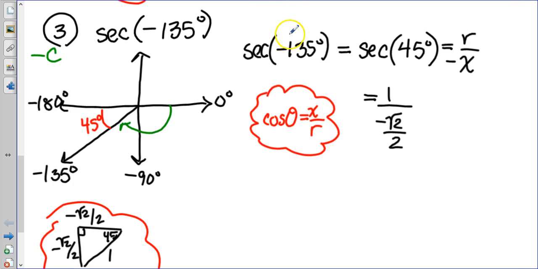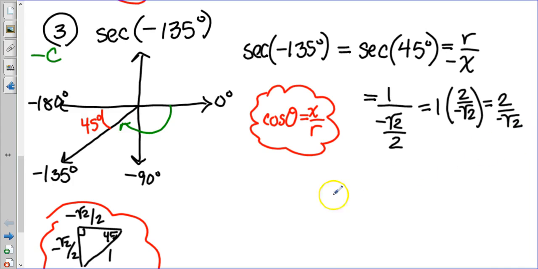Remember, we don't actually divide fractions, we change division into multiplication. So I'm going to keep the 1, change division to multiplication, keep, change, and then flip that fraction I was dividing by, multiply by the reciprocal. 1 times anything is just itself. So now I've got 2 divided by negative root 2. But no good, because we don't keep radicals in the denominator.